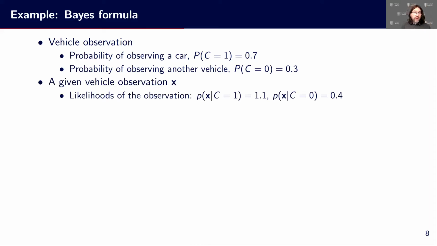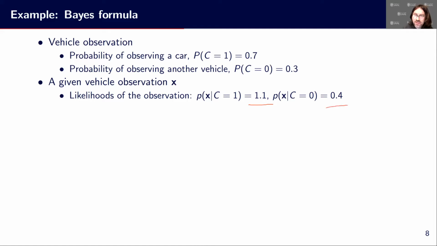Then we are observing a given vehicle. So we have a given X, and from that X we get the likelihood of the observation. Assuming that it is from class 1, the likelihood is 1.1. So, what is the likelihood of getting that X if we are from class 1? This is 1.1.